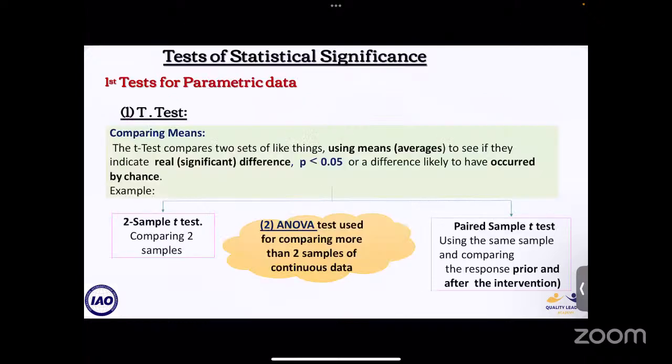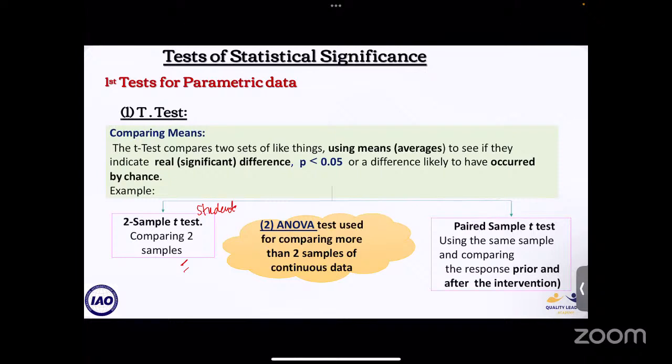For the statistical significance test, we have the parametric data, or the continuous data. We have the t-test. So the t-test is used to compare continuous data. So we have three types of the t-test. We have the sample t-test, or this is the student's t-test. This compares two different samples.